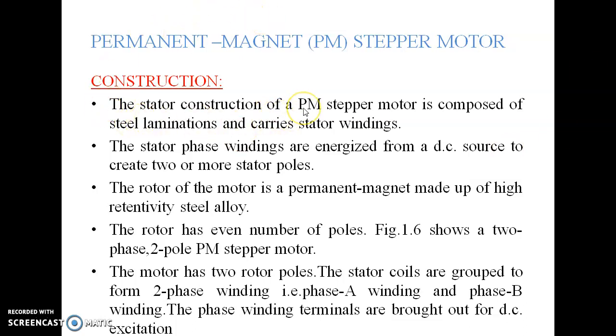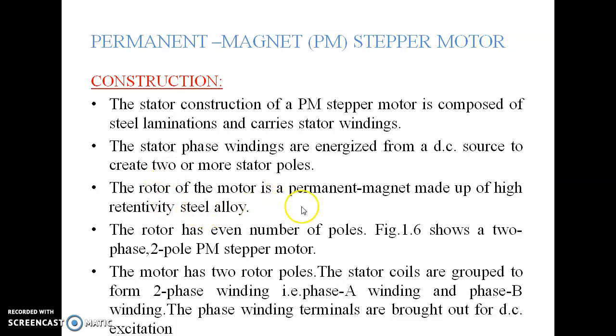The stator construction of a permanent magnet stepper motor is composed of steel laminations and carries stator windings. The stator phase windings are energized from a DC source to create 2 or more stator poles.